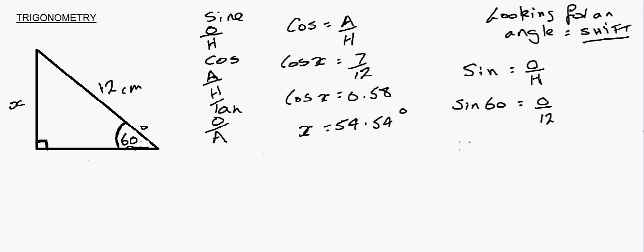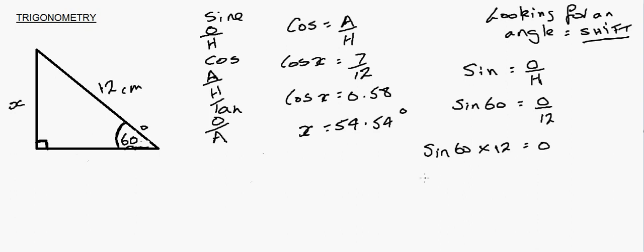Okay, now I want to know this, so this 12 is going to have to come over. Now this 12 is dividing here, so if I move it over it becomes multiplied. So we get sine 60 multiplied by 12 equals the opposite.